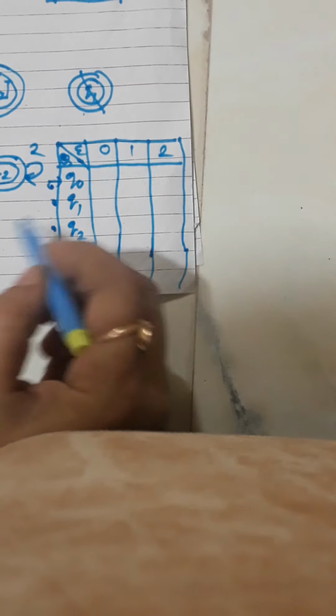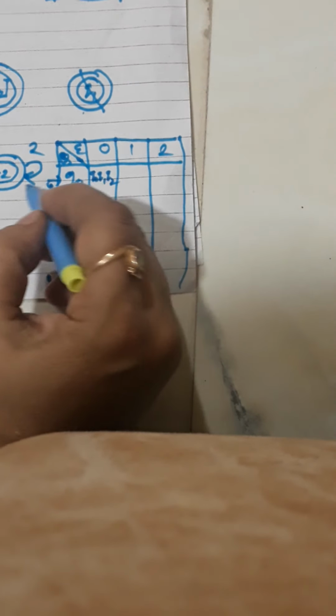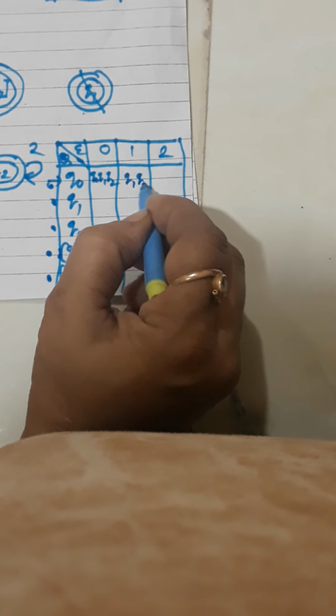Now we fill the values. Q0 on 0 moves to Q0, Q1, Q2, on 1 moves to Q1, Q2, and on 2 moves to Q2.